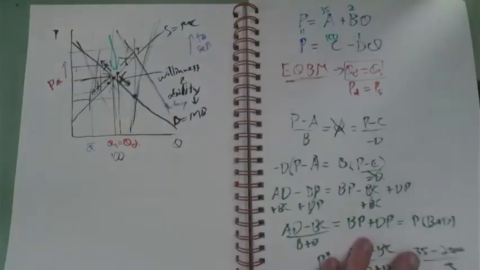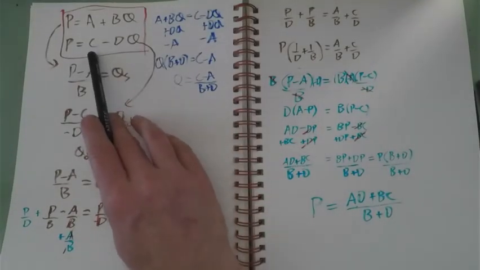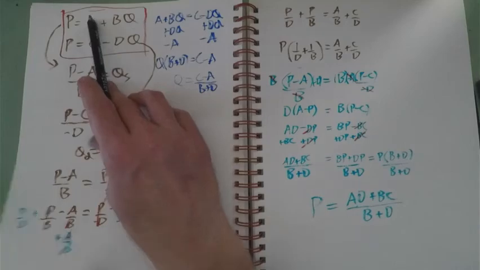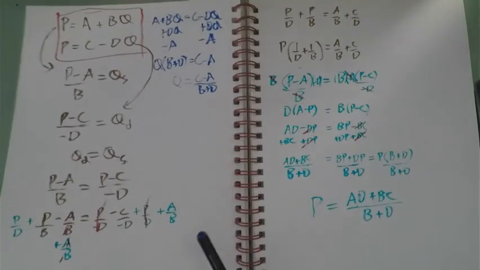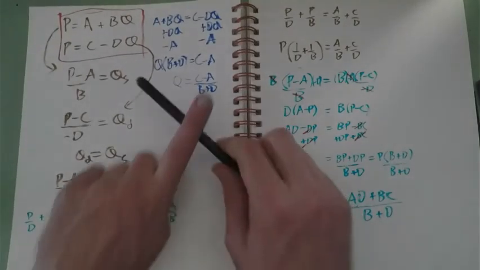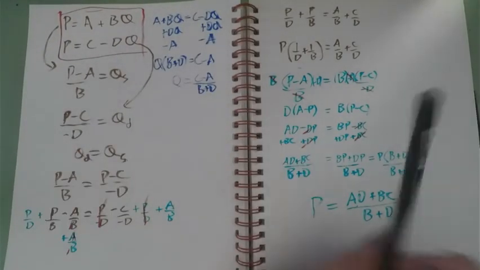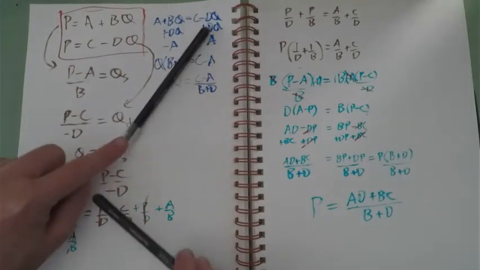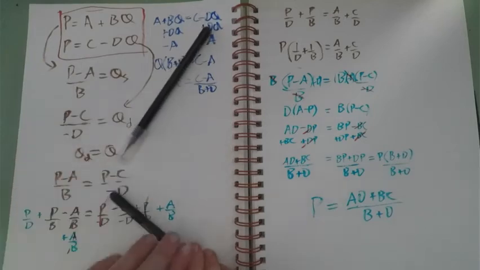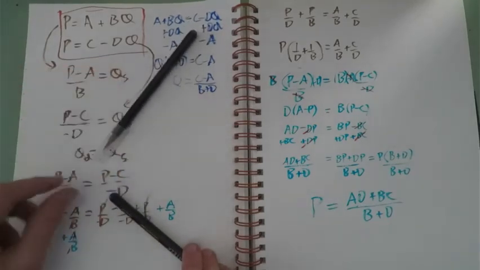C minus A. Well, let's see. If C is our demand intercept and A is our supply intercept, here's C, here's A. C should be bigger than A, right? If we've got a market at all. If it's not, then we don't have a market. The demand is less than the cost of supplying at all.